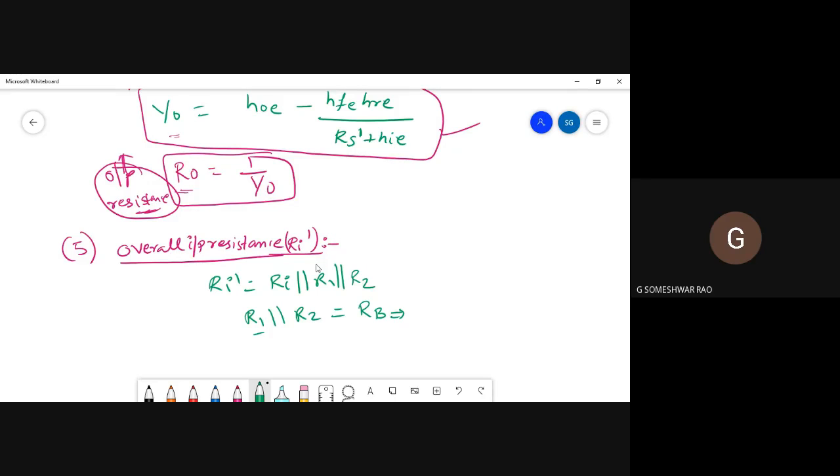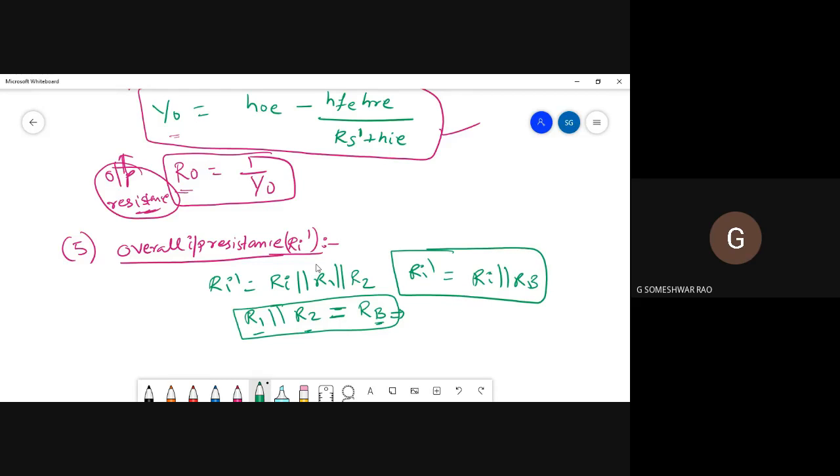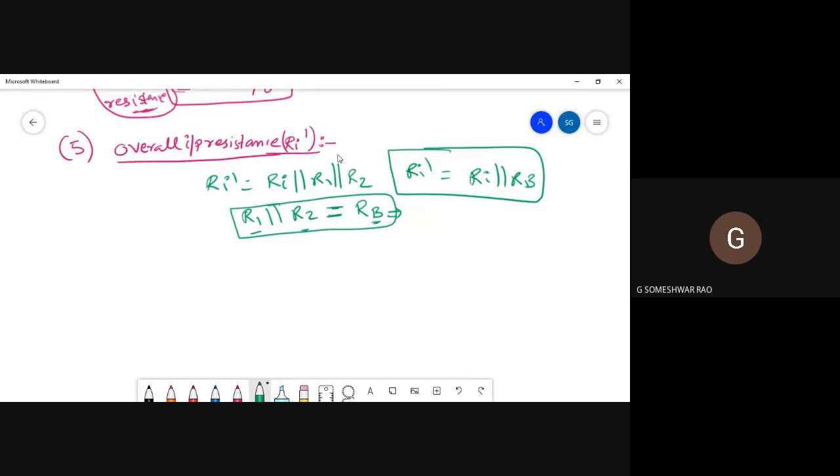Because R1 and R2 are connected to the base terminal. Am I correct, sir? Yes, sir. So this B indicates the base resistance. So R1 in parallel to R2, I can call it RB. Then what is Ri dash? Ri in parallel to RB. Is it okay? I hope everybody is following. Yes or no? Write it down.